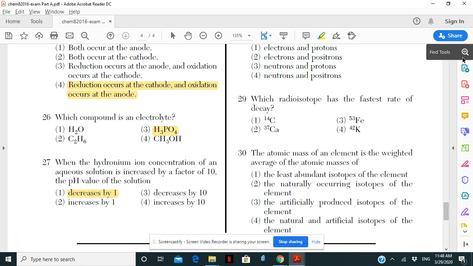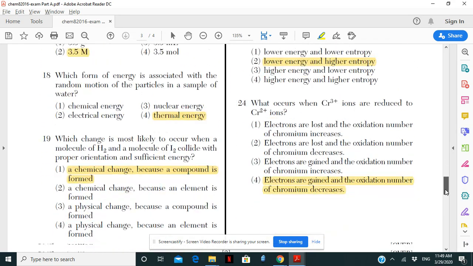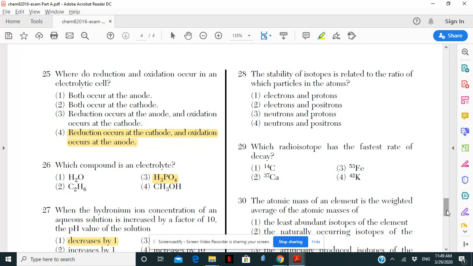The first pH was negative log of 10 to the power negative 5, which is 5. Now the new concentration is 10 to the power negative 4, so the pH is negative log of the concentration, which is 4. So it goes down from 5 to 4, by 1.